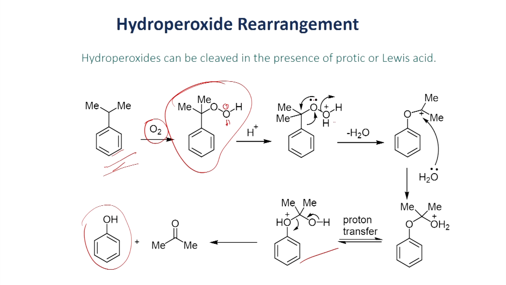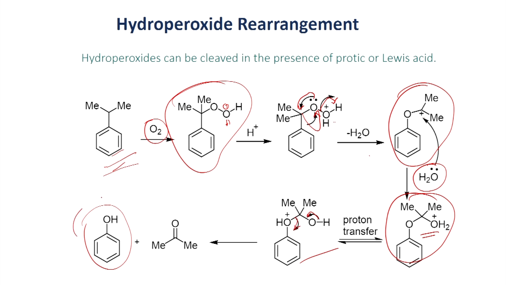Once you form this one, this can undergo migration, and this can lose a water molecule. You will be able to form this carbocation intermediate, which can undergo reaction with water. You will form the addition product, and by proton transfer you will be able to cleave this bond. As you can see here, protonation and cleavage of this can lead to the formation of phenol and acetone as products.